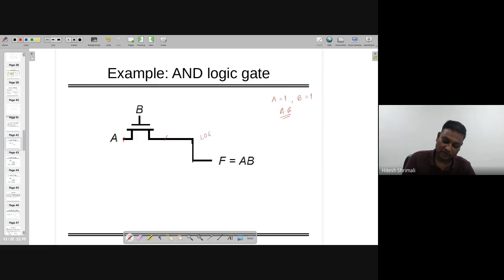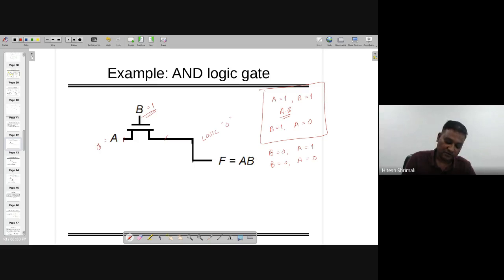I'm expecting logic 1 when both are 1. When B is equal to 1 and A equal to 0, the output is logic 0. So that is also possible. But what if the condition changes? B equal to 0, A equal to 1, or B equal to 0, A equal to 0.